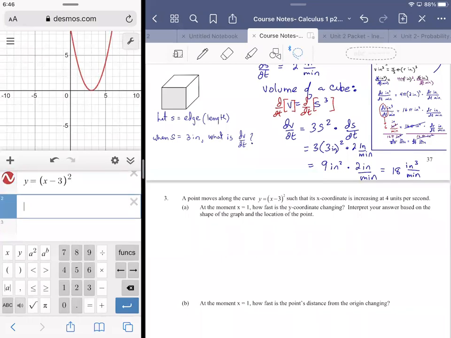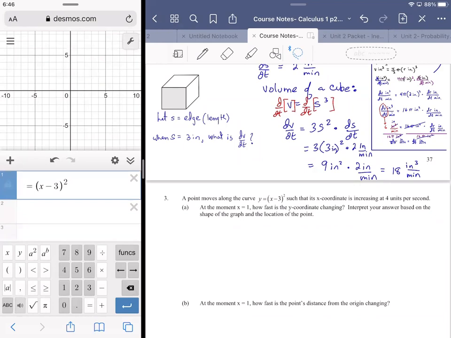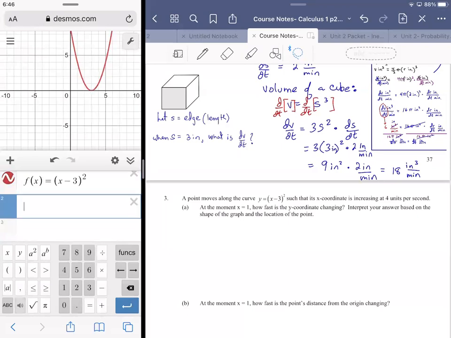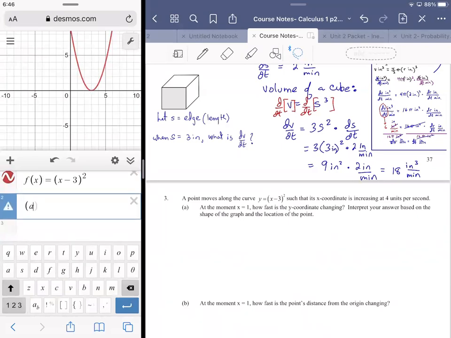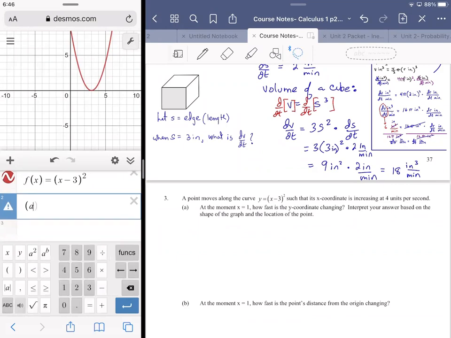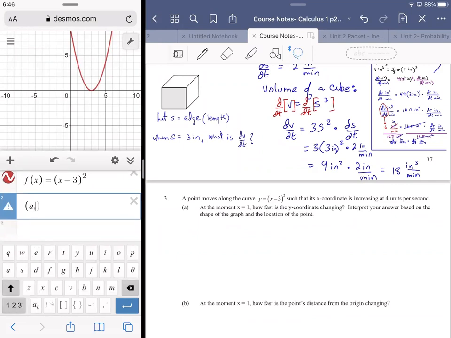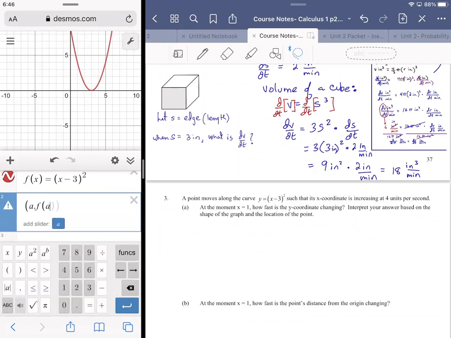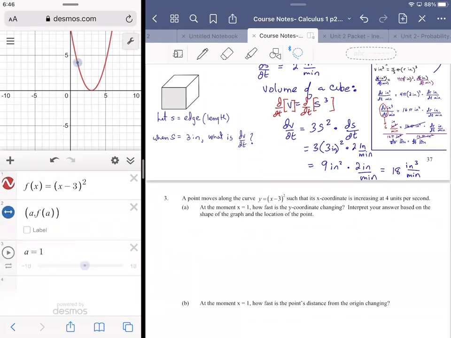So instead of calling this y equals, I'll call it f of x equals, so I can evaluate the function. I'm going to create a point. That point is going to be a, comma, f of a. Just evaluating a function, create the slider, and then you'll have a moving point along your graph, because you're allowing a to take on any of the values here between -10 and 10.